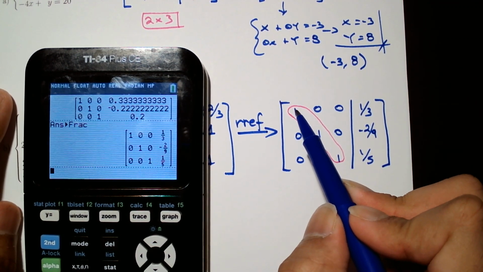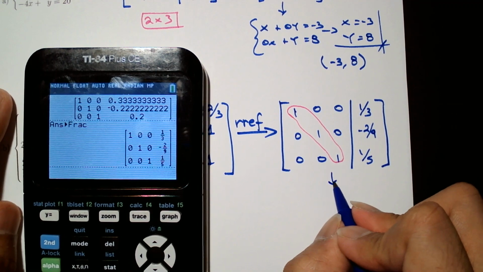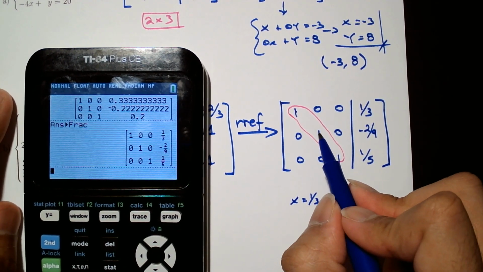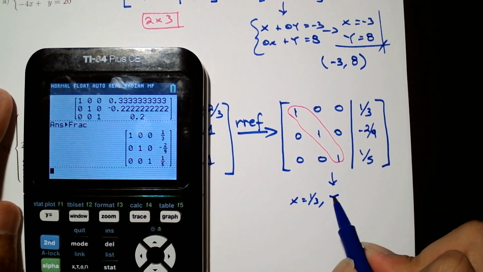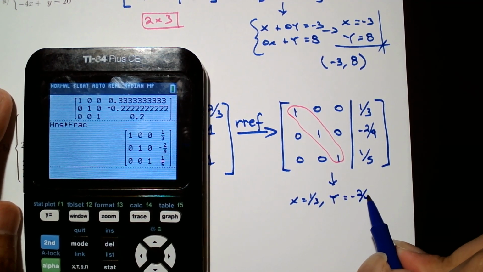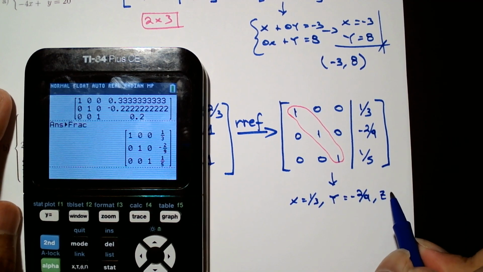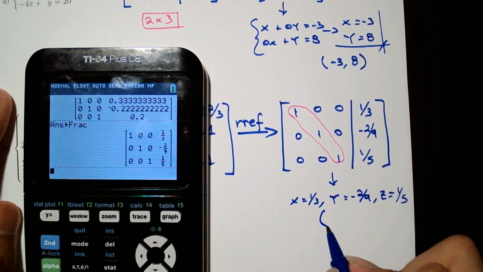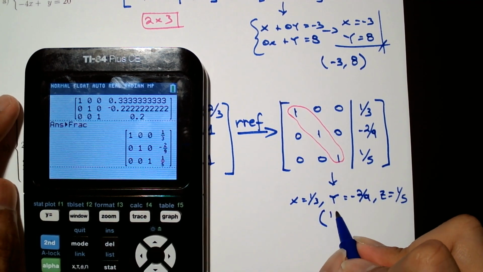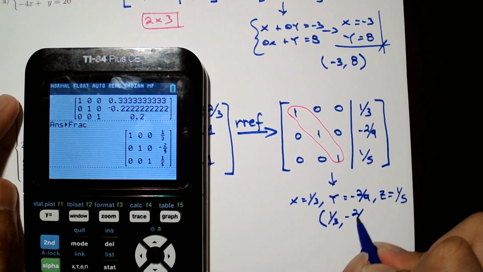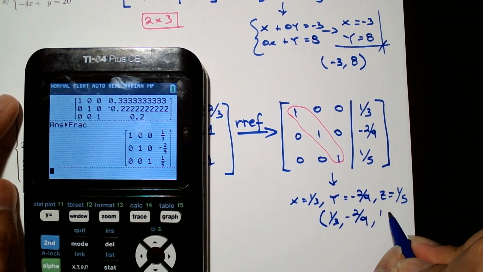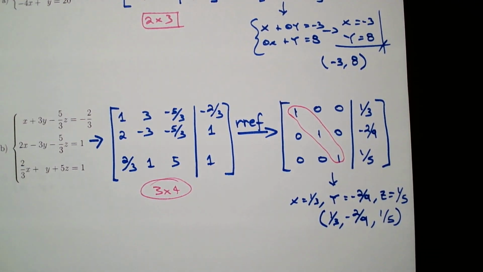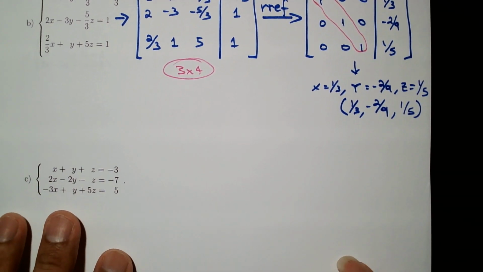So this is going to be x equals 1/3, y equals negative 2/9, and z equals 1/5. As another triple in this case, 1/3, comma, negative 2/9, and 1/5. Okay, so that's our solution to this system of equations.